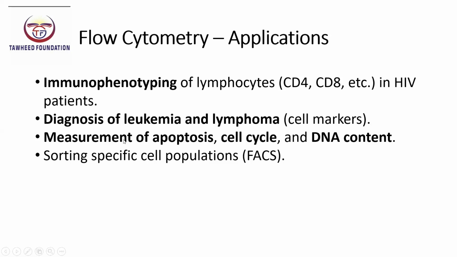It is also used to measure apoptosis, cell cycle, and DNA content, and in research, FACS allows sorting of specific cell populations for further functional studies. Its ability to provide rapid, quantitative, and multi-parameter analysis makes it indispensable in modern laboratories.